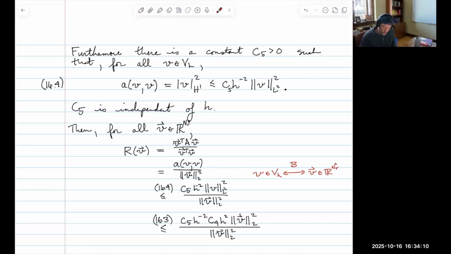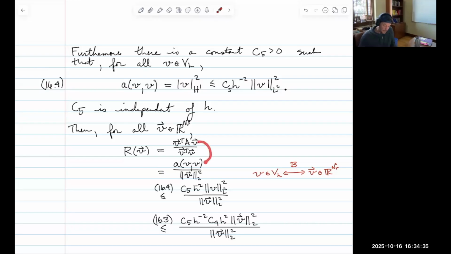And this is just the coordinates of this vector. So keep in mind every time I write a V vector, I can also think about, as long as it's in this vector space R^n, a companion v in the finite element space, and vice versa. I can go back and forth. These two spaces are identified.